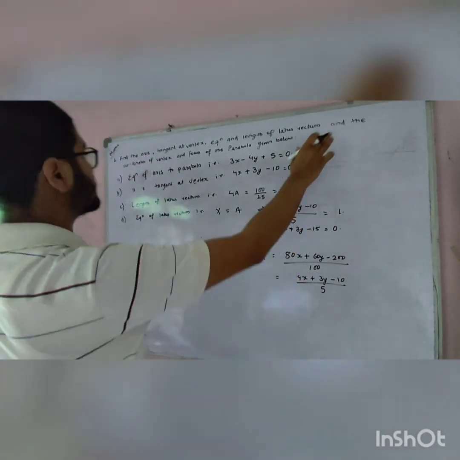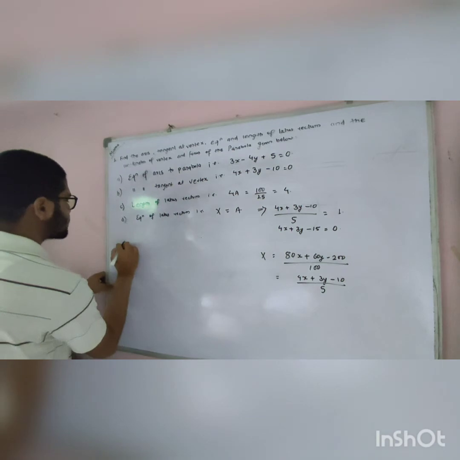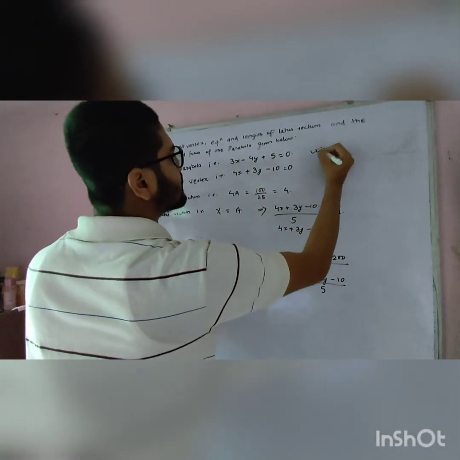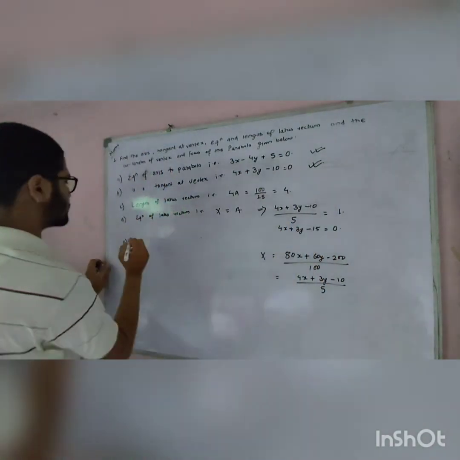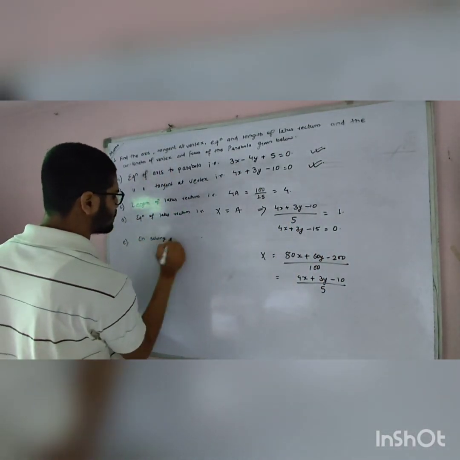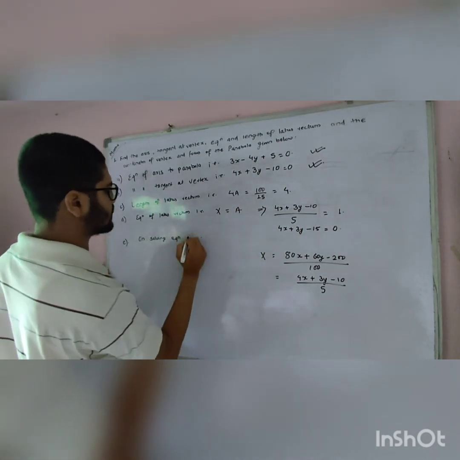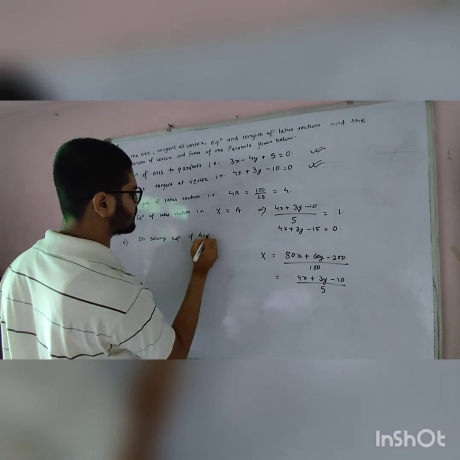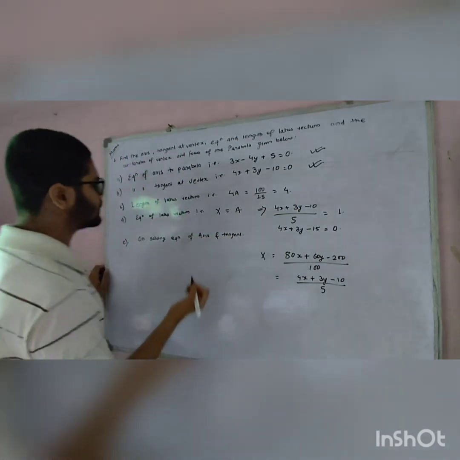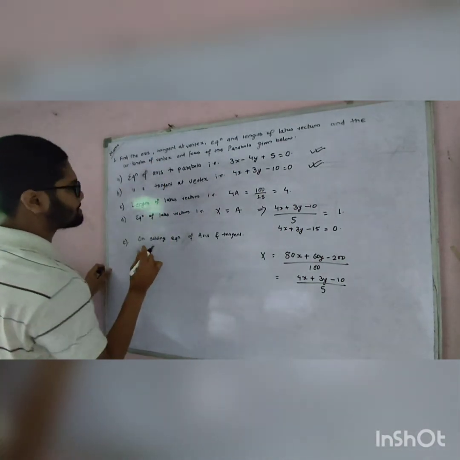Now we have to find the coordinates of the vertex and the focus. To find the coordinates of the vertex, we have to solve this and this equation. So on solving the equation of axis and tangent, we will get the coordinates of the vertex.